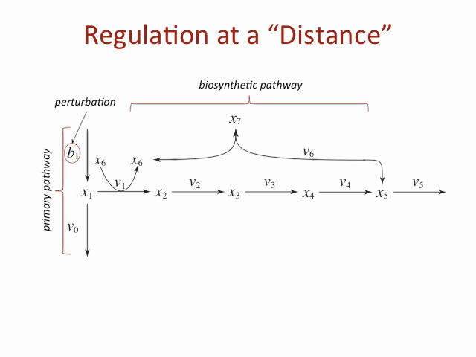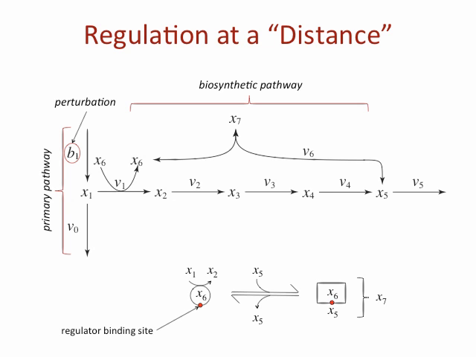And the way that regulation takes place is that the enzyme that I'm going to call X6 here, that catalyzes the first reaction into the biosynthetic pathway, has a regulatory site. And X5 can bind to that regulatory site, as shown, reversibly.